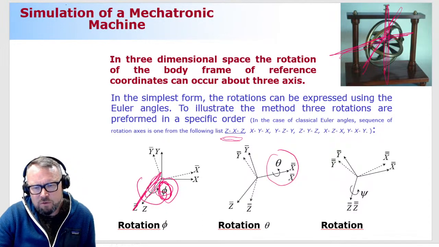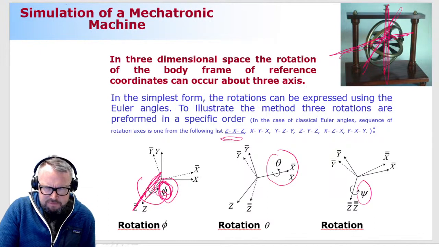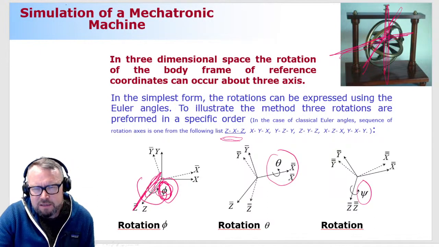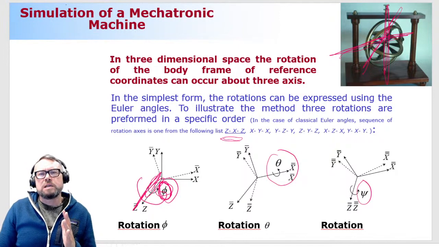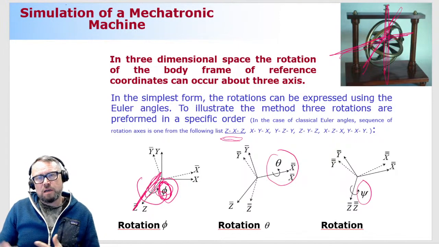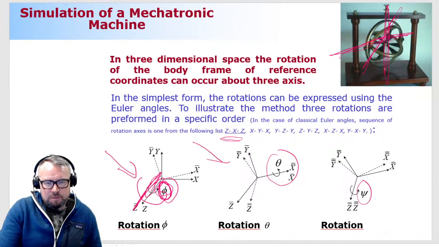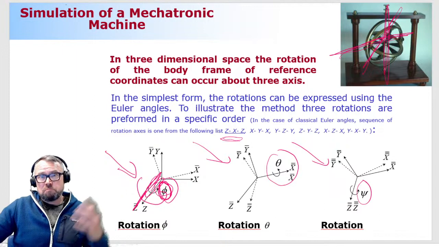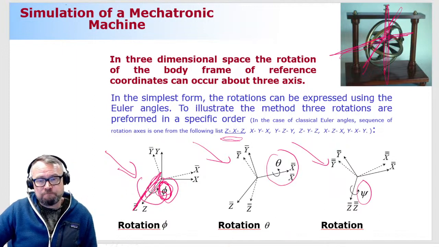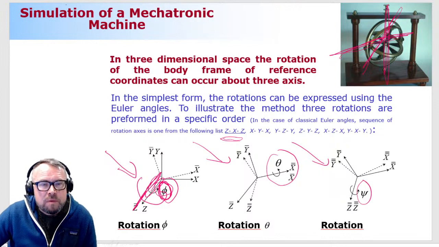And you do your final rotation, which is this amount, c, and that's it. Those are your 3 successive rotations. And you can mathematically describe each of these components. And once you do that, then you can get this rotation matrix in 3-dimensional space.